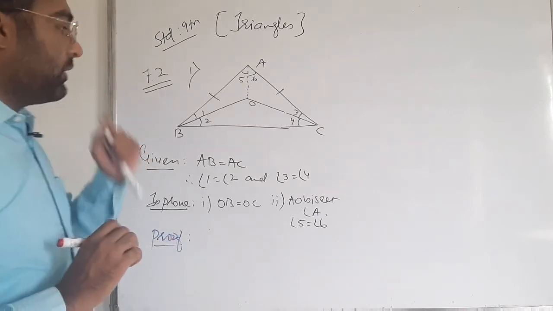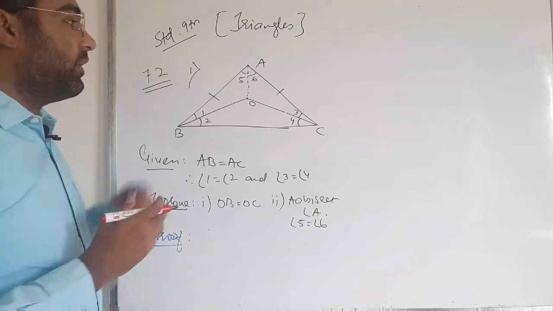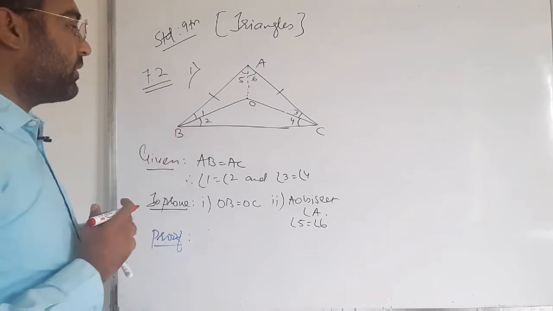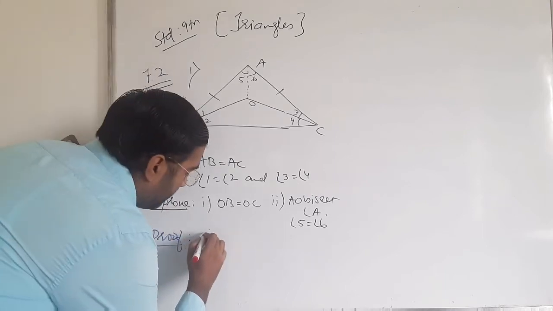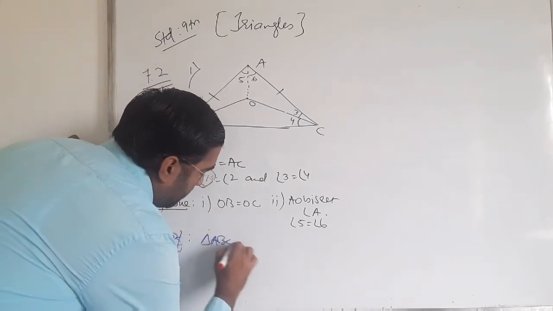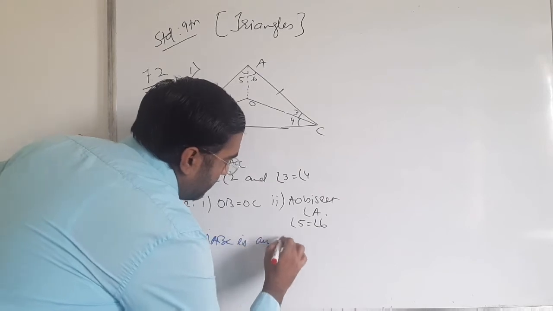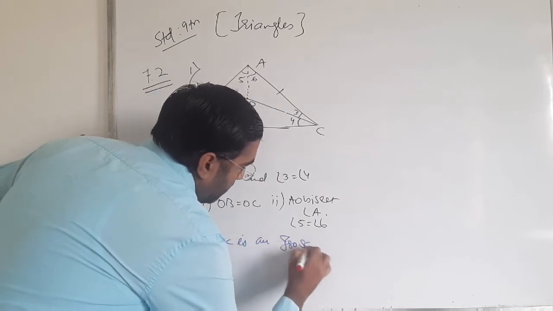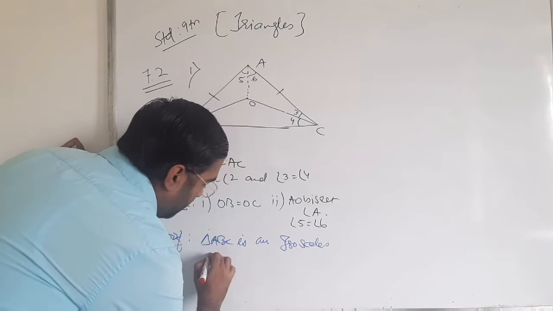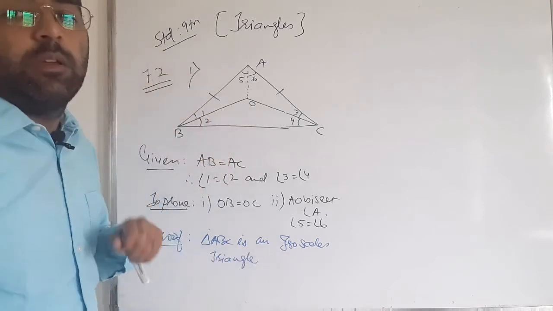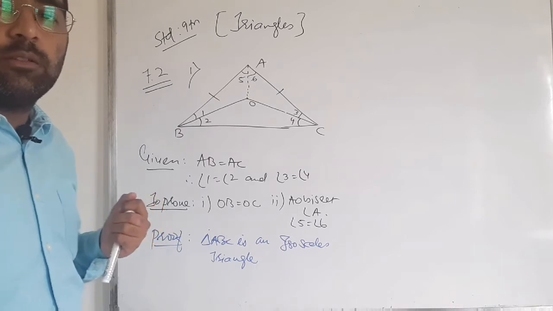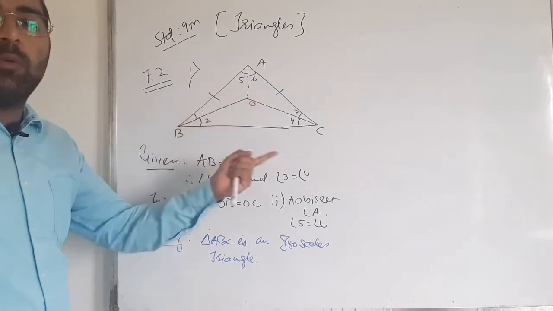First of all, triangle ABC is given as an isosceles triangle. Equal sides make equal angles.